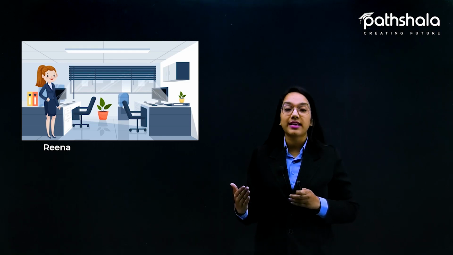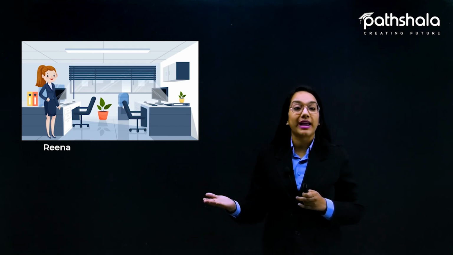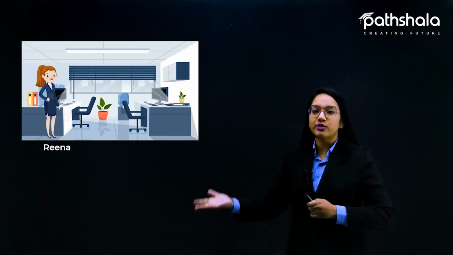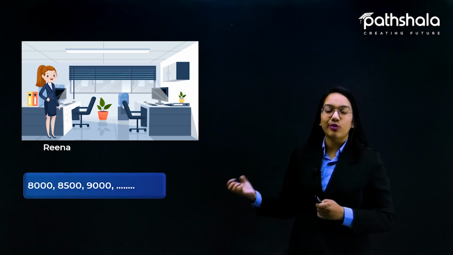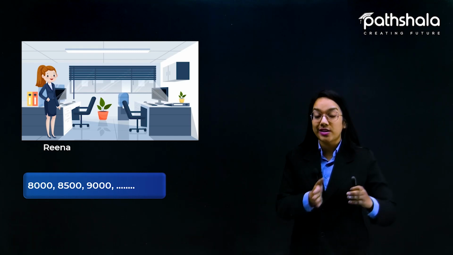So it means for the very first year her salary is 8,000, for the next year her salary would be 8,500, for the next year her salary would be 9,000, and so on. So for the very first year her salary was 8,000, 8,500, 9,000, and so on.